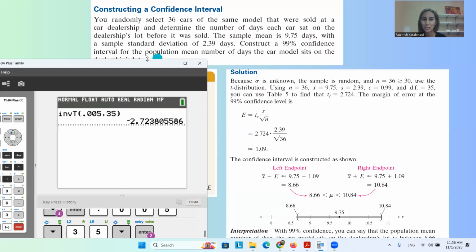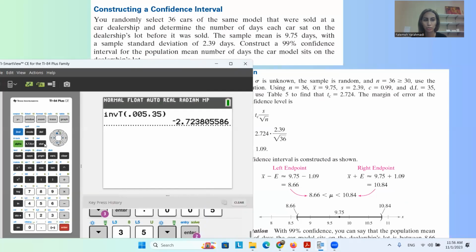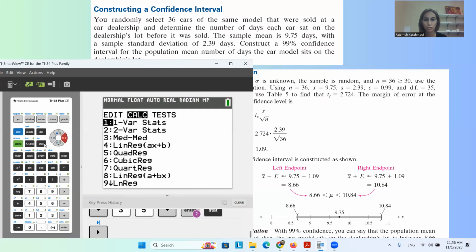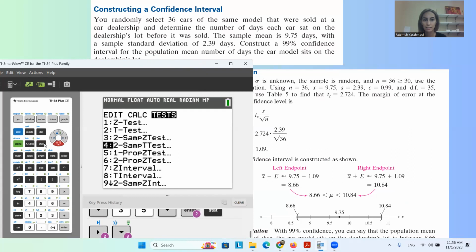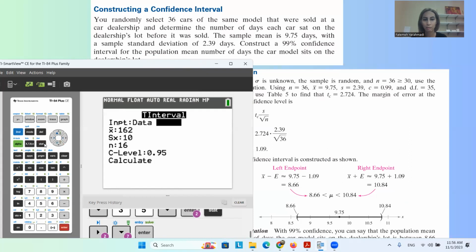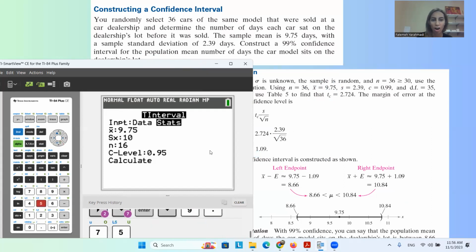How do we use our calculator to verify we have the correct answer? We're going to go to stat, then tests, and then find T interval. Since we don't have the actual data, we have the statistics, so we're going to select statistics. What is x bar, the sample average? It is 9.75.